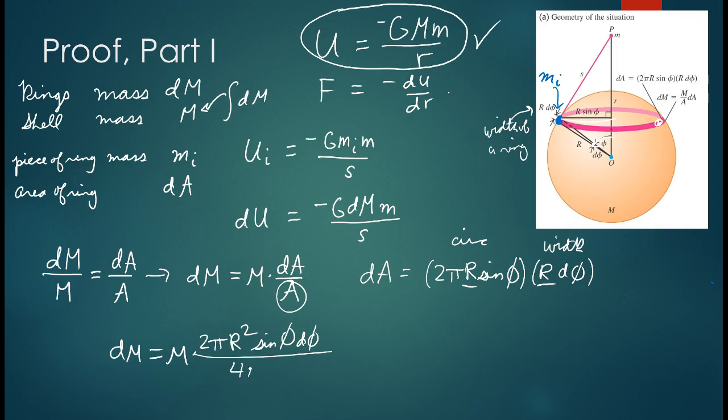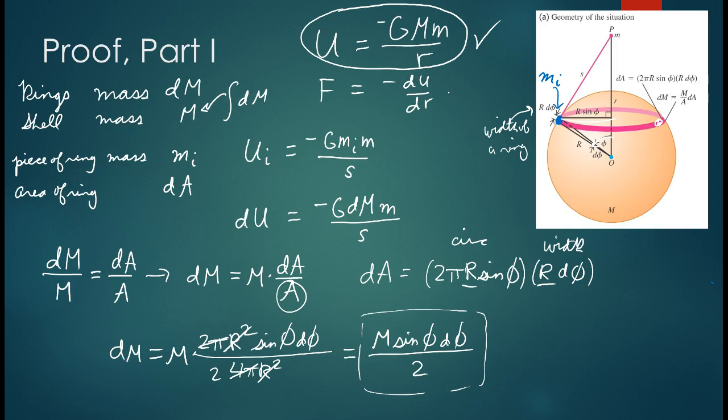Well, it's just going to be 4 pi r squared. So what we can do is some cancellation here, and those r squares cancel out. So this means that dm is equal to m sine phi d phi over 2. So that's dm. That's a good start. It's a very good start.